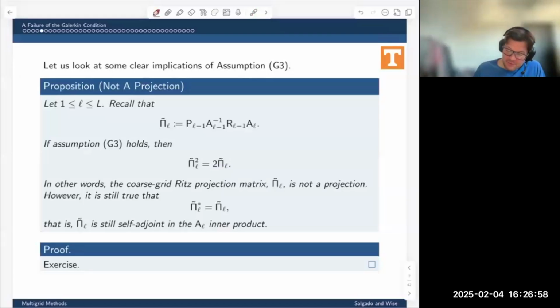A matrix P is a projection matrix if and only if it's a square matrix that satisfies P squared equals P. And so this matrix clearly doesn't satisfy that, but it does satisfy this with a 2. So what should I call such a matrix? I'm going to call it an almost projection matrix. Fine. You can call things anything you want as a mathematician.